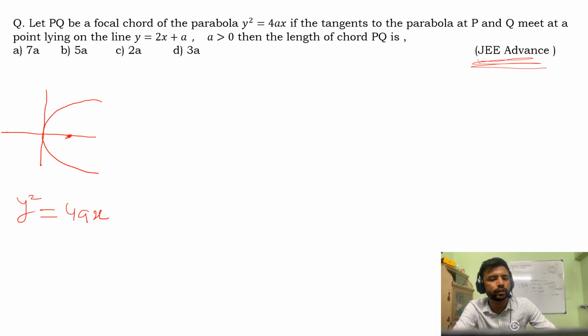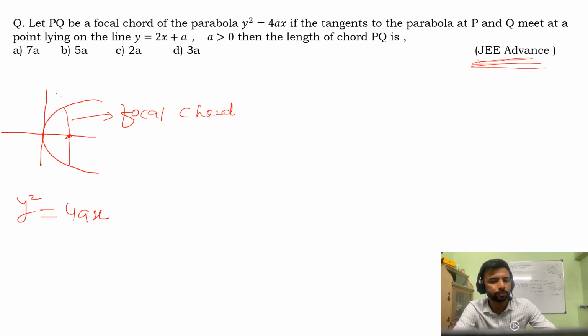As we all know, if any chord passes through the focus, then that chord will become a focal chord. So if any chord of the parabola is passing through the focus, then that chord will be called a focal chord.